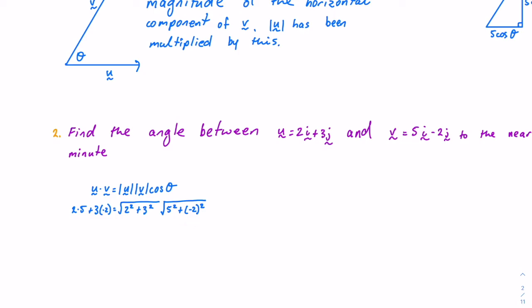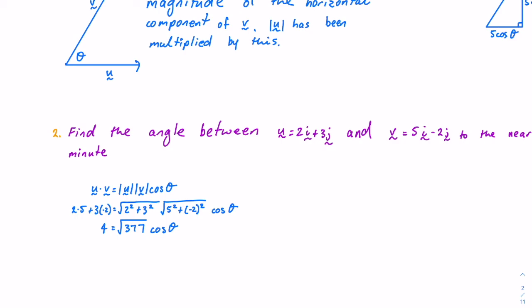I often don't even worry about writing that negative there. Just 5 squared plus 2 squared is fine. Times cos of the angle between them, and it's that angle that we don't know, so that's what we have to work out. So let's work out this product. We've got 10 minus 6, so that's 4. I've worked out those square roots, so 2 squared plus 3 squared multiplied by 5 squared plus 2 squared gives me 377, still under the square root.